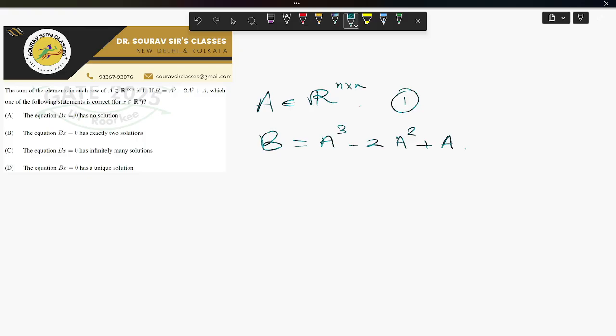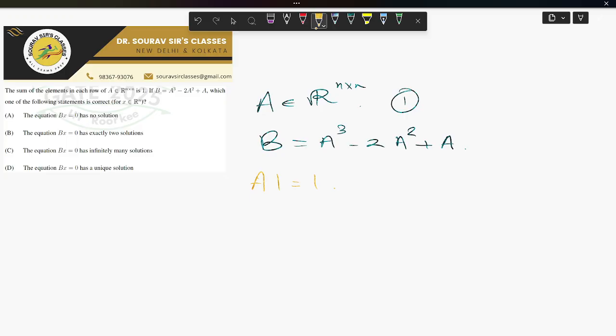So now let us analyze our matrix A. First, recall that the sum of elements in each row is 1. This can be expressed as A times 1 equals 1, where 1 is the column vector of all ones in R to the power n.